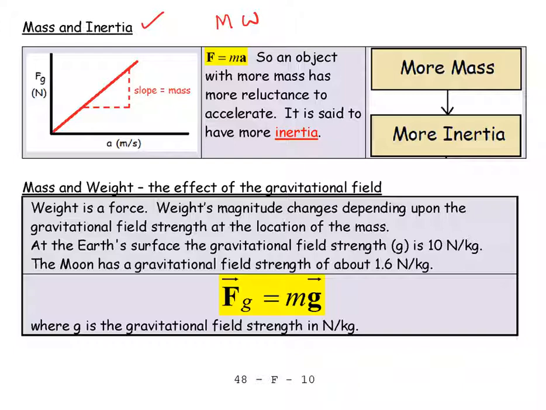So let's get an insight into mass. We can get an insight into mass by plotting a force applied to an object versus the acceleration demonstrated by the object. And what we see is that a little force causes a little acceleration, and a bigger force causes a bigger acceleration, and so on. And we find we get a straight line, and that comes from the sum of the forces equals ma.